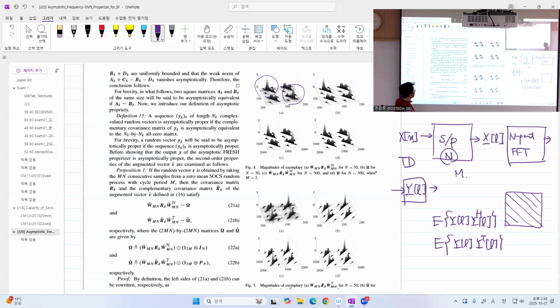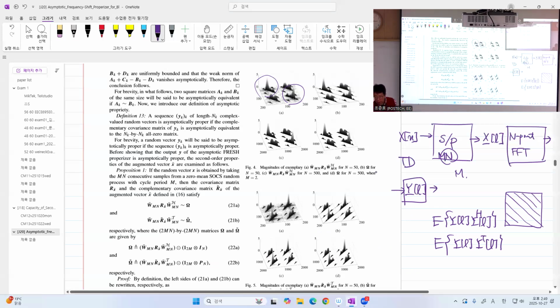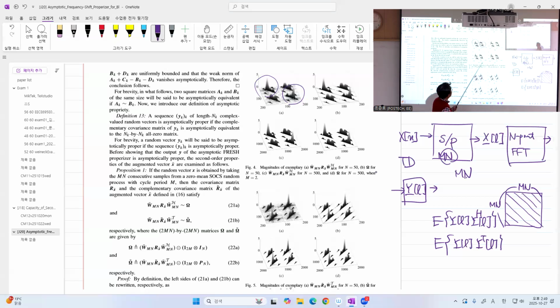I believe m times n in this case is the length. So let me say mn. Got it? So the length is chosen as an integer multiple of the cycle period. So in this case, since mn equals 100, why do we have 200? Yeah, so only this part matters, I believe. Am I right?